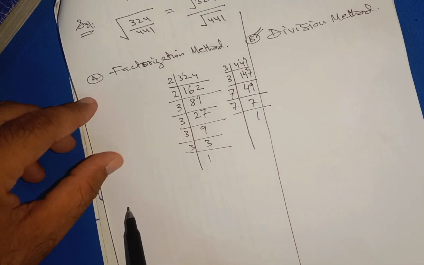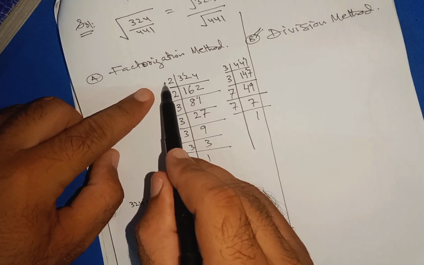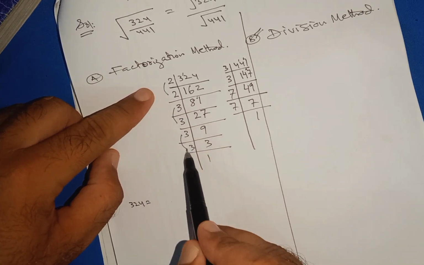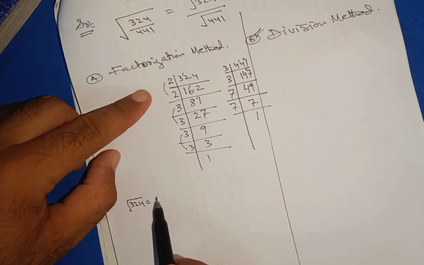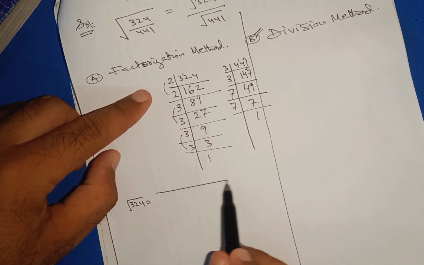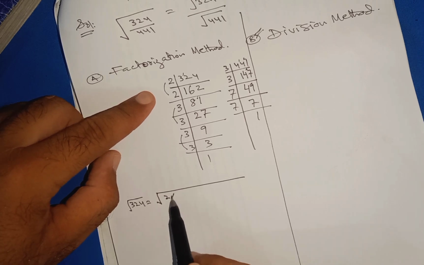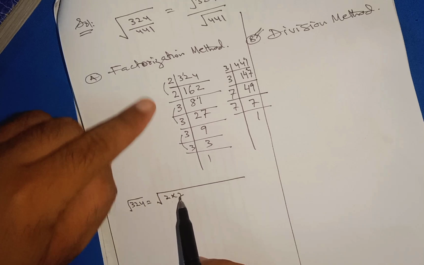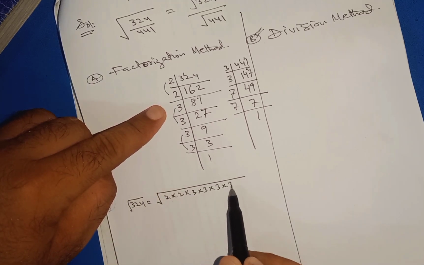We will write here 324. We will write these numbers like these ones. These are the prime factorization of 324. So I will write all these numbers inside a bigger radical, which is 2 times 2. I write in multiplication 2 times 2 times 3 times 3, and then another 3, and then another 3.